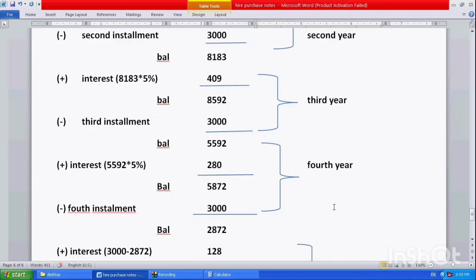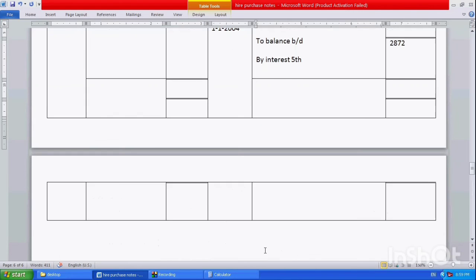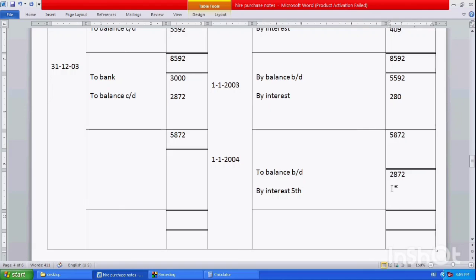So how much is the interest? The final interest is 128. So with the final interest 128, the overall is 3,000.